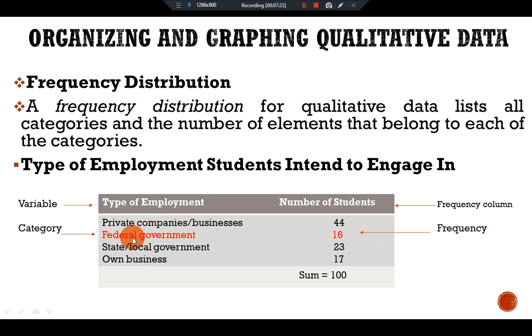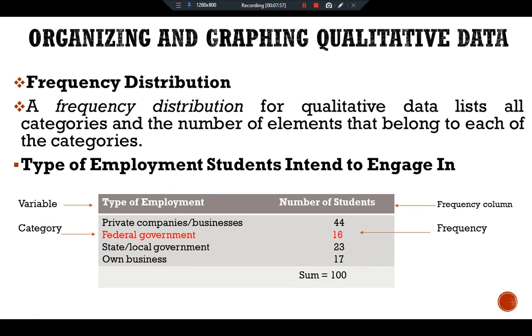This means that 16 students decided or wanted to join the federal government after their university education. So this table represents the frequency distribution table, or a simple frequency table, because the more prominent thing is our frequency column.